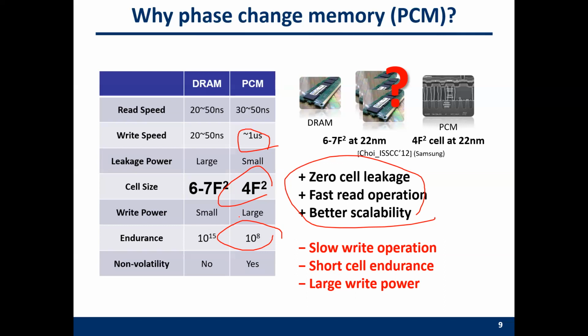So when you just look at this table, it's really difficult to say whether DRAM is better or the PCM is better. But for the current big data applications, those applications have much more reads than writes.